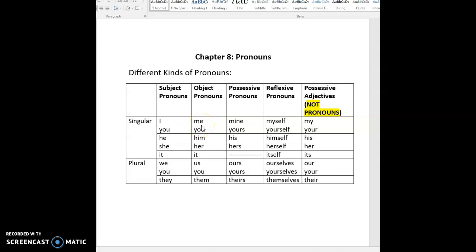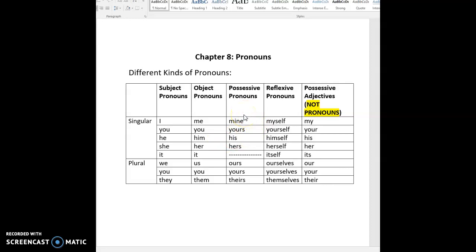Who does he like? Me, okay? And let me give you an example of using an object pronoun as an object of a preposition, okay? He gave the book to him. Okay, so the preposition is to, and him is the object of the preposition. The book will explain this, but I just want to give you quick examples.